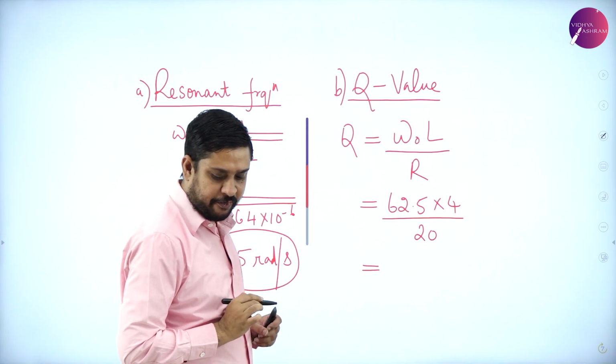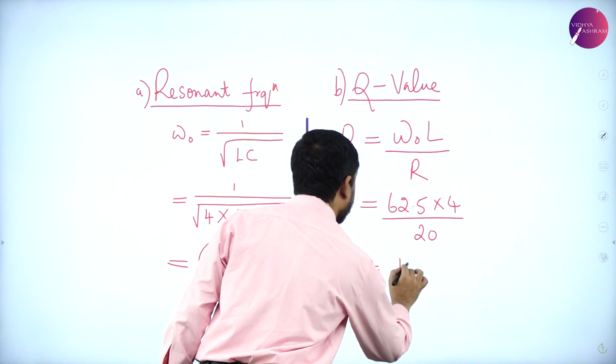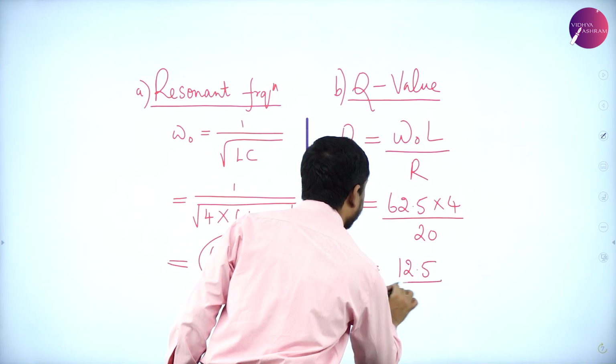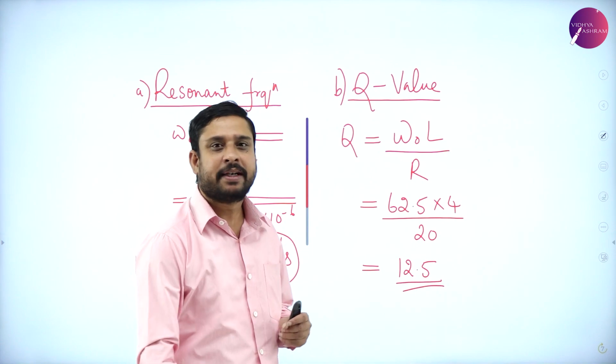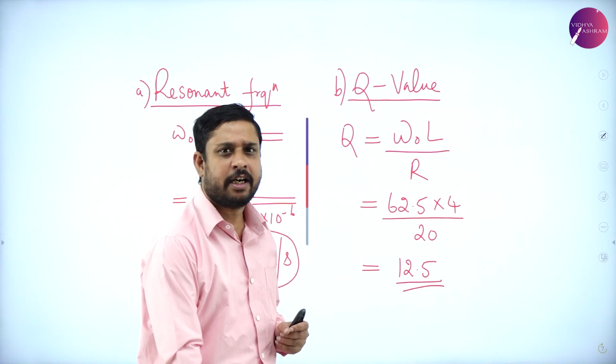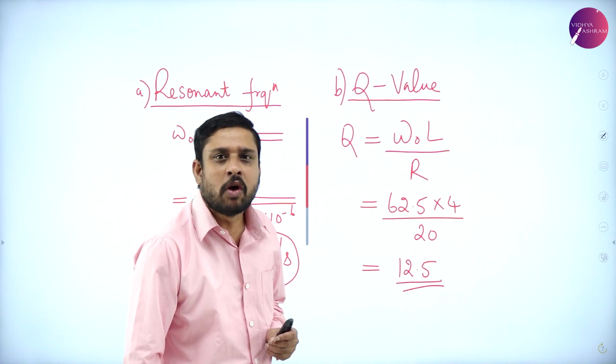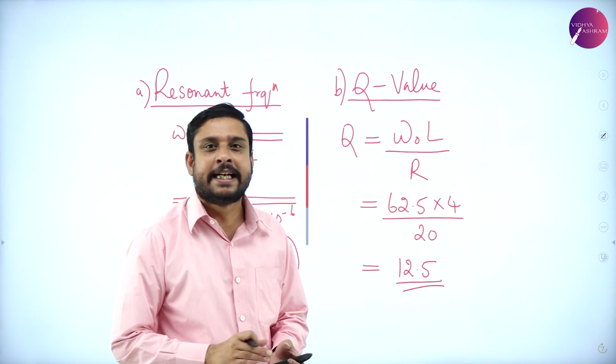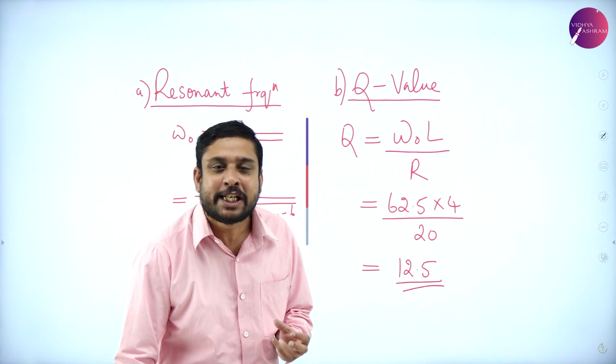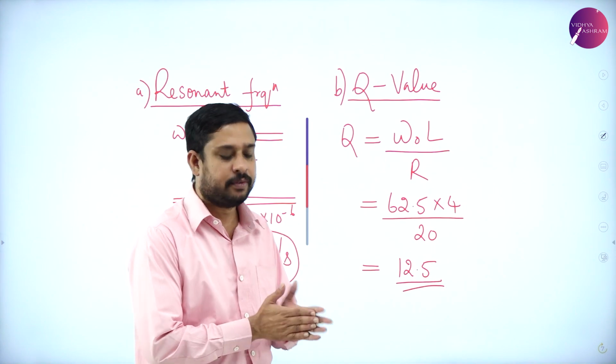Again, just simplify. This is 12.5. And remember, it's a number. It's a factor, so it does not have a unit. It is just the quality of the resonance curve.